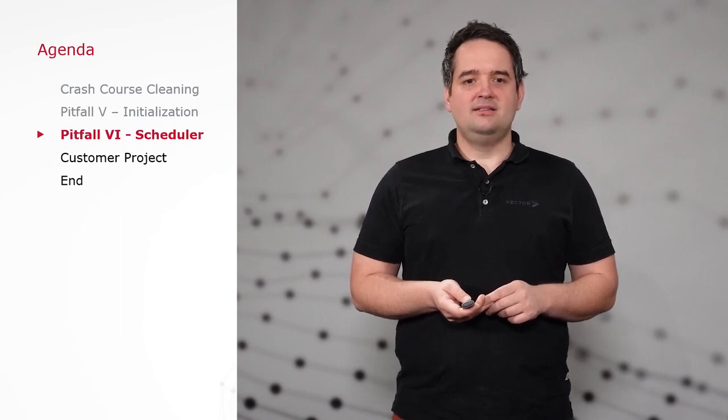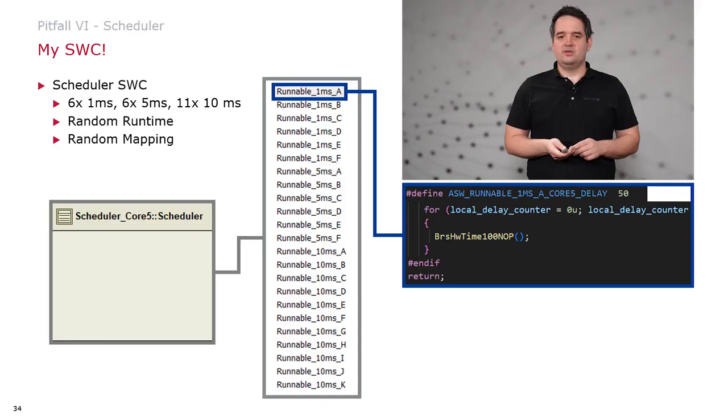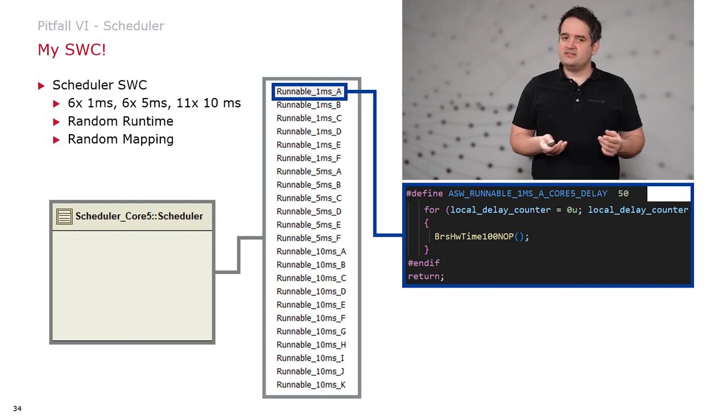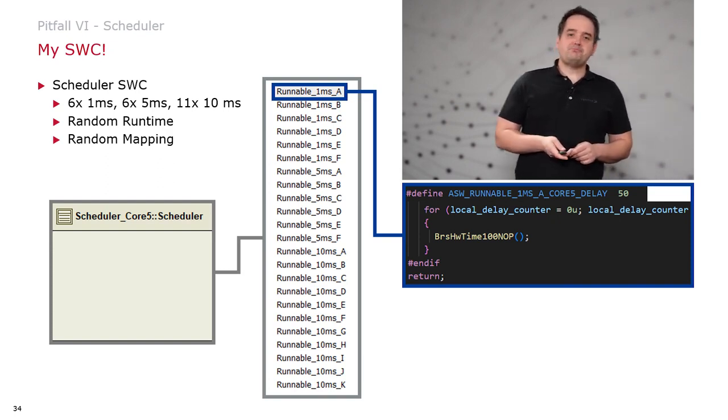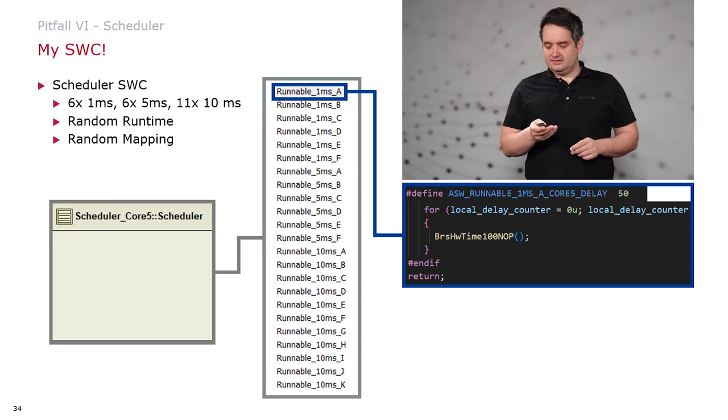In this case, I would like to come up with another example project. So here we now have a scheduler component. This one has some random runnables. I call them 1 millisecond, 5 millisecond, 10 millisecond runnables.